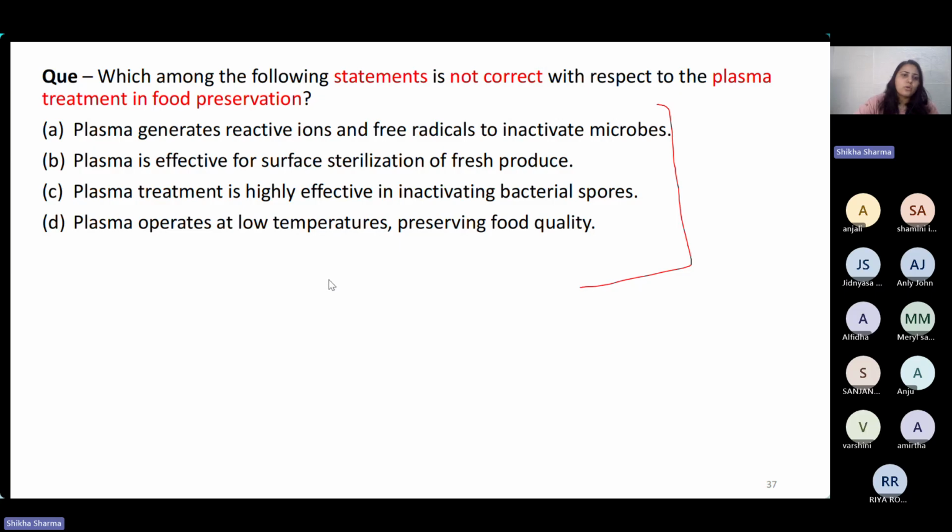And plasma operates at low temperatures, preserving the food quality. Would anyone like to answer this question? Jitnyasa D.